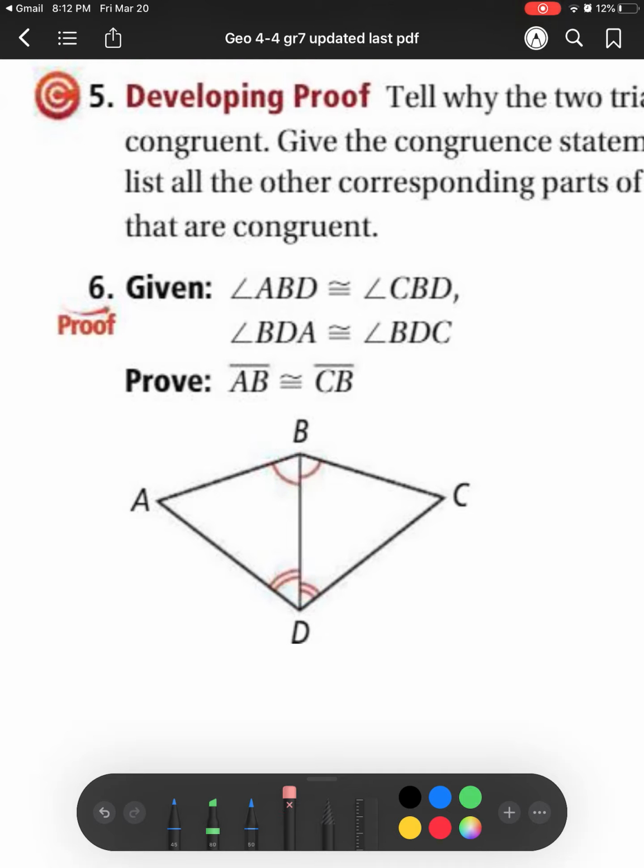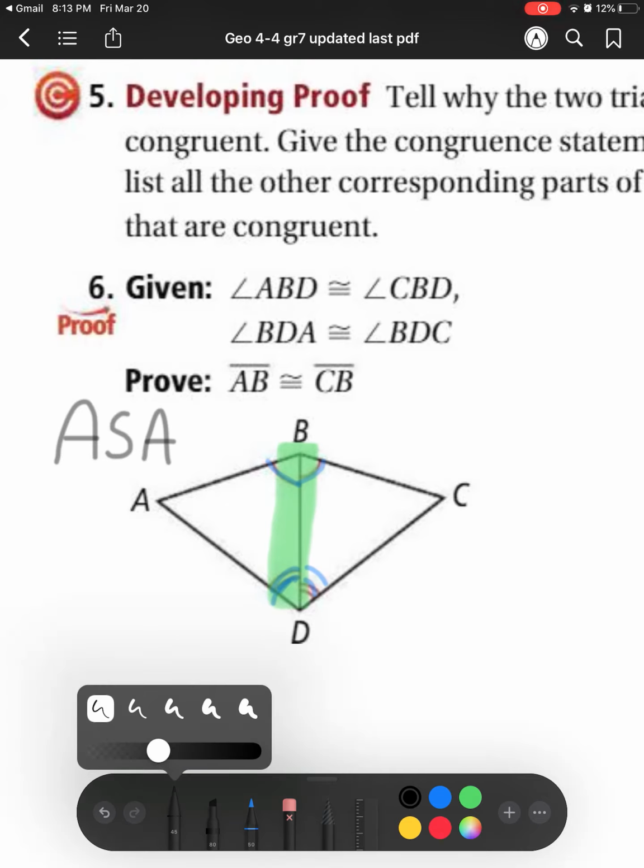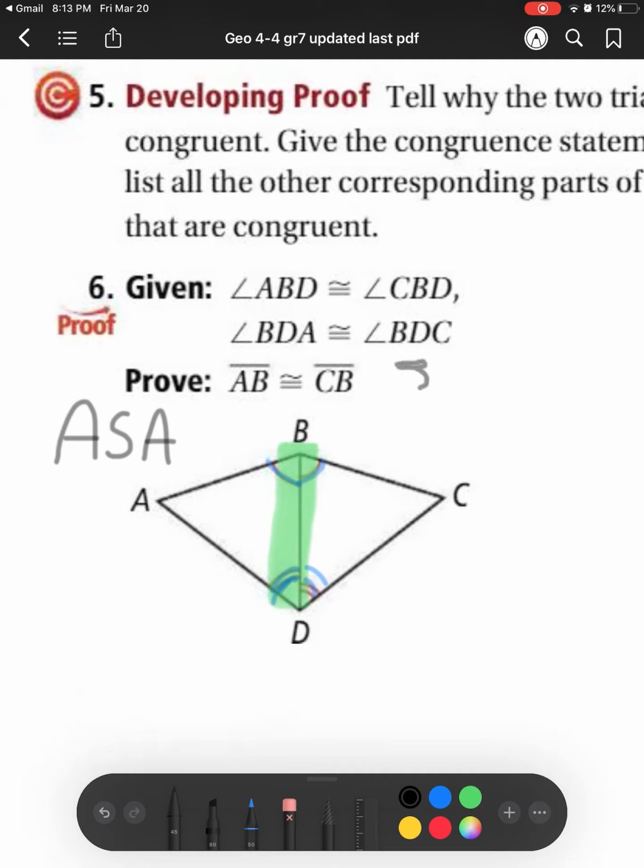What else? I have an angle in here congruent to this angle, and I have an angle here congruent to this angle, and the side in the middle of them. So it is angle, side, angle. So I can say that they are congruent using angle, side, angle. You can add to those given information that the third one is BD.